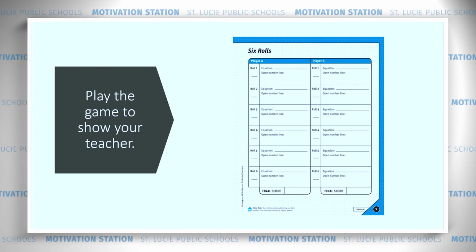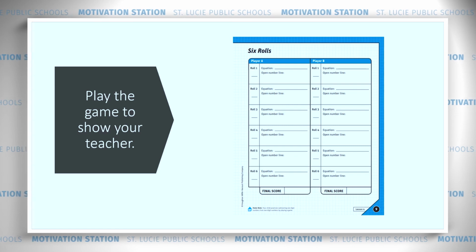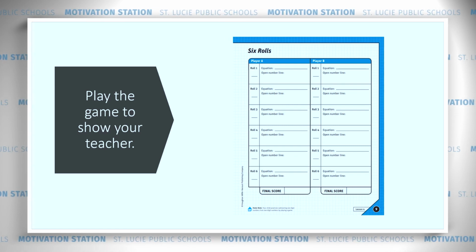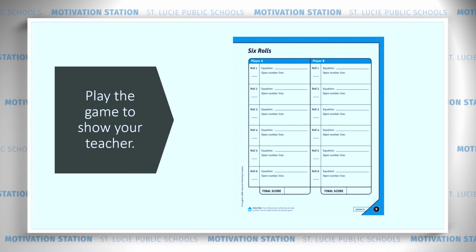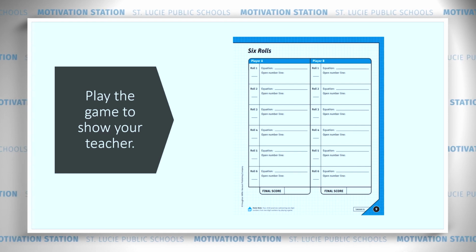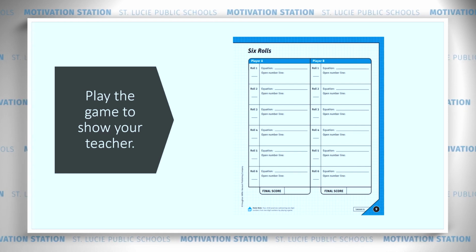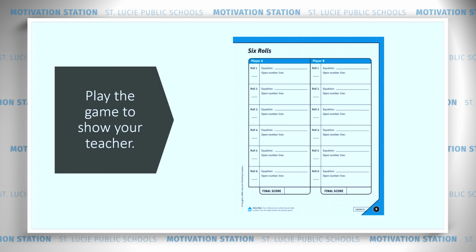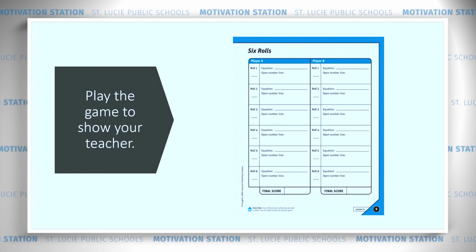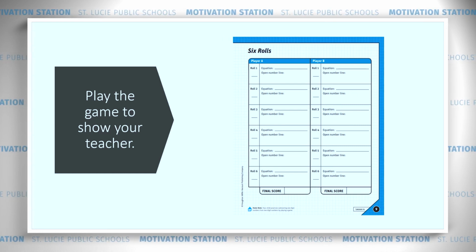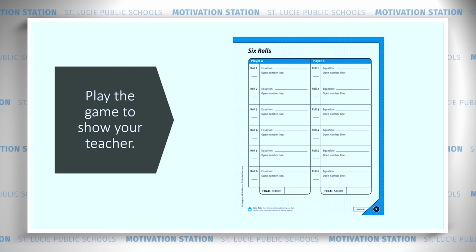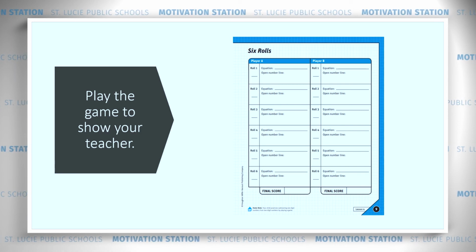If you're playing by yourself, you can just do player A. If you're playing with a sibling, a brother, a sister, a cousin, a friend, you can record their answers for player B. Or you can play yourself twice. Or if you have a teddy bear you want to play with, you can make your teddy bear player B. But you might have to help them write. Okay.